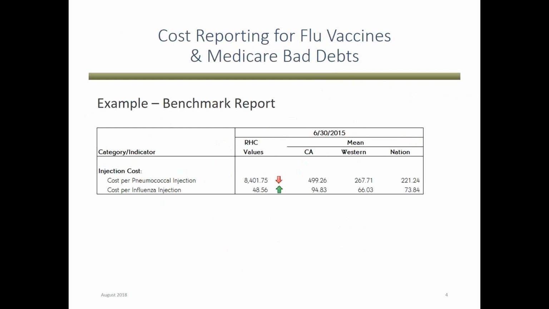Did the cost of the vaccine itself go up? Do you maybe have some staff that were included that shouldn't be included? It's really necessary to take a look at that, because you are reimbursed cost, but this is the only way that you get that reimbursement, through the cost report.